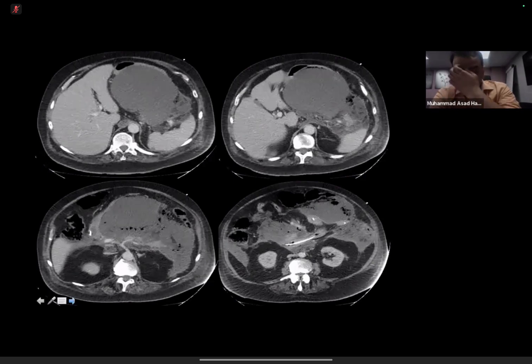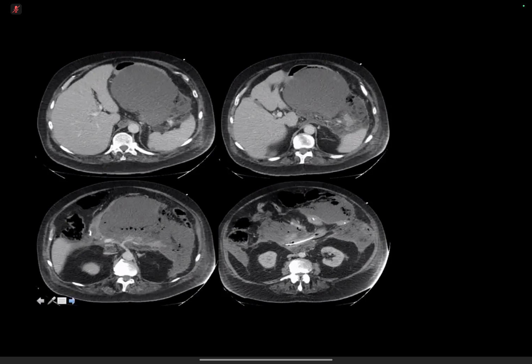Now, are you aware of any CT severity scoring system for pancreatic collections or drainages? Yeah, briefly, I know that there is a CTSI index, and depending on the number of collections and the complexity of the collections, the score goes up.